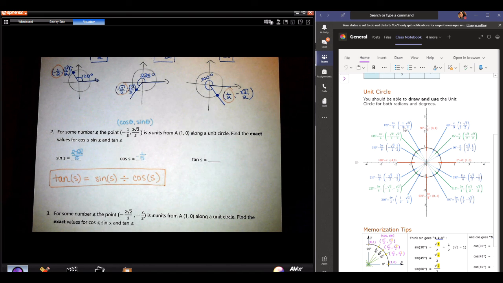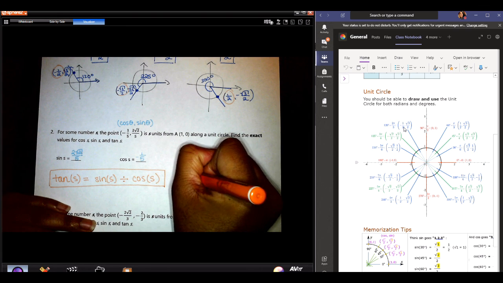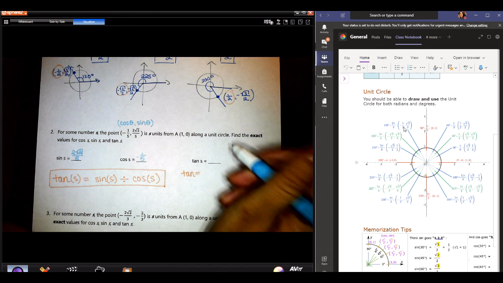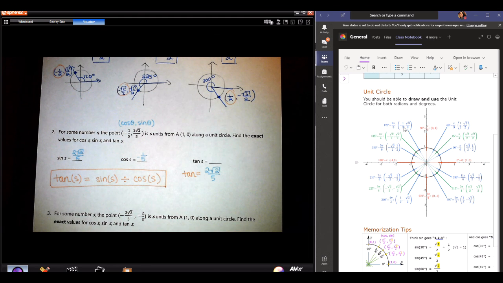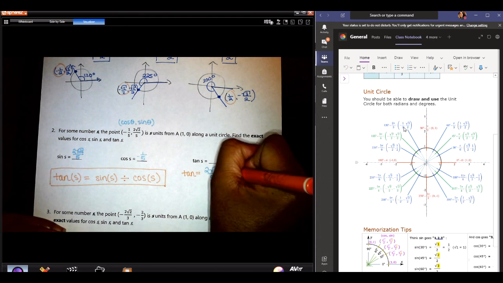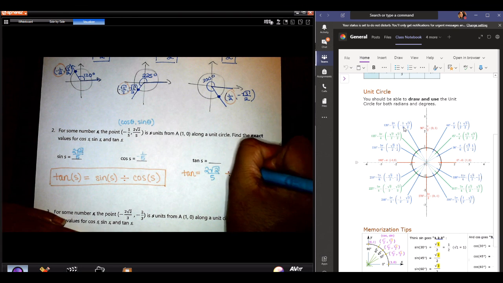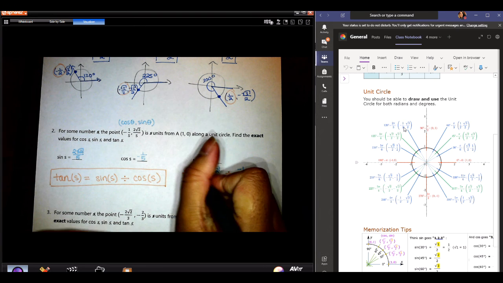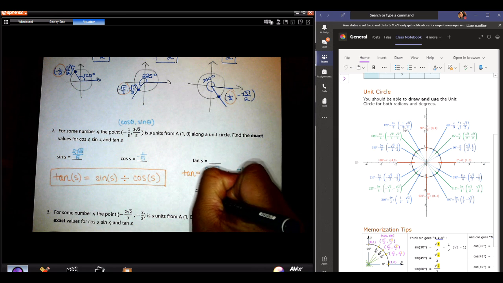So we are going to plug and chug here. From tangent, we know that our tangent is equal to sine divided by cosine. So we're going to plug in our sine, and we're going to divide it by our cosine. Put that negative up there for safekeeping. From here, how would we solve this? Again, with that keep, change, this guy stays the same.